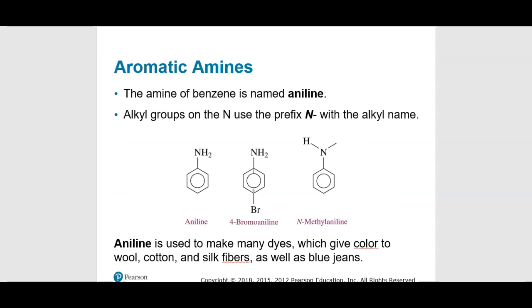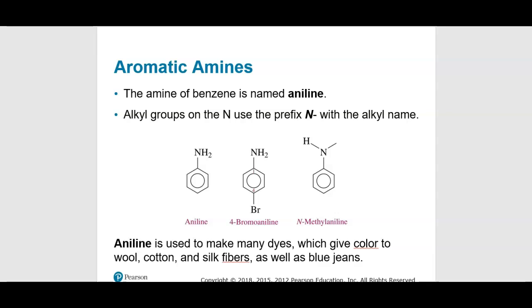There are also aromatic amines, and the amine of benzene is named aniline. Not sure where that came from, but there were such things as aniline dyes a long time ago, and they still use them to some extent, giving color to wool, cotton, silk, fiber, blue jeans.